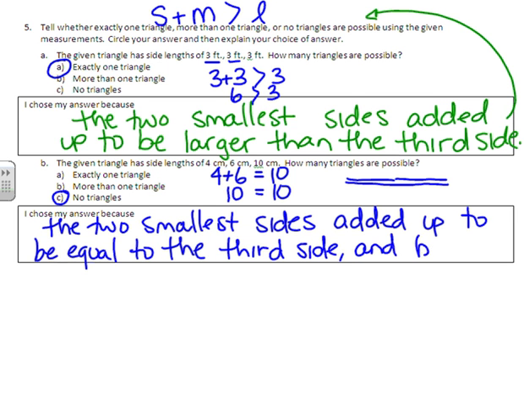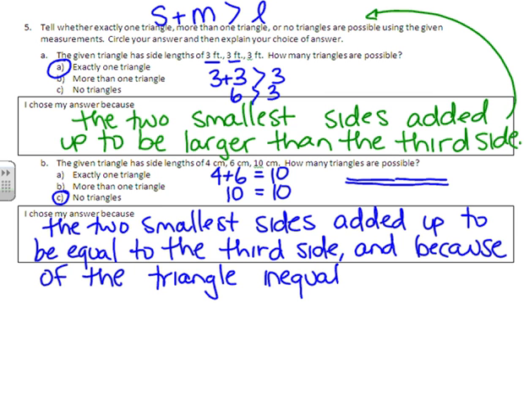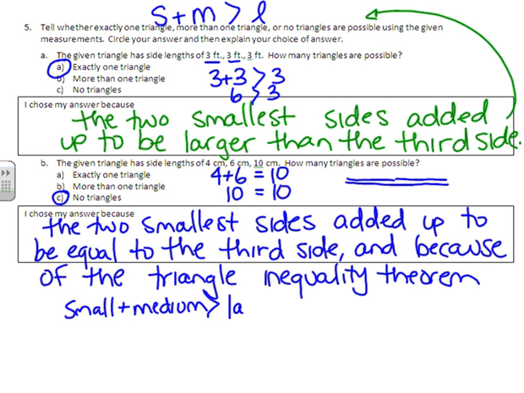And because of the triangle inequality theorem, and we'll put that in parentheses, small plus medium is greater than large, these lengths will not form a triangle.